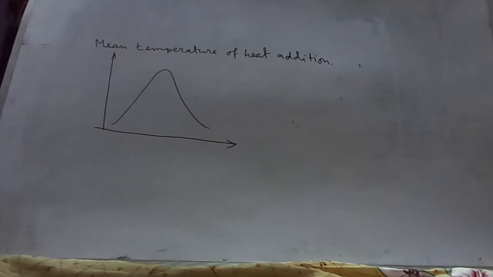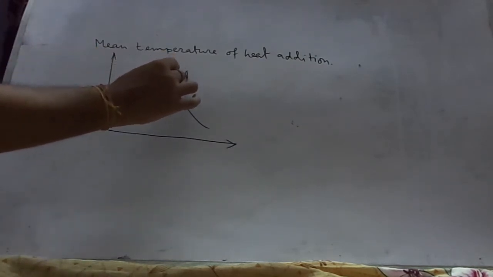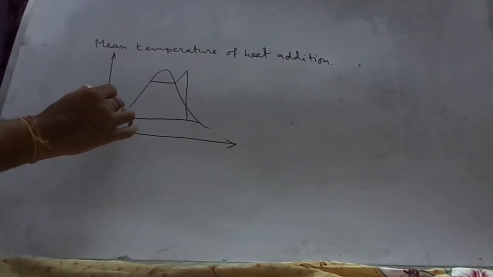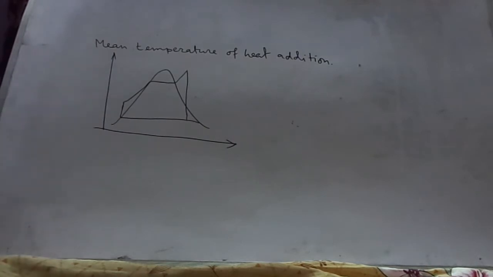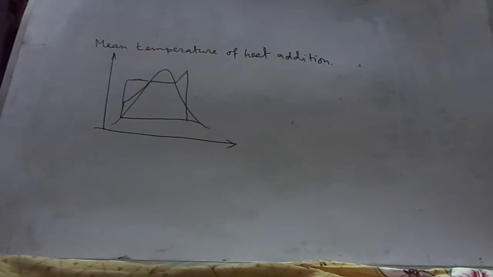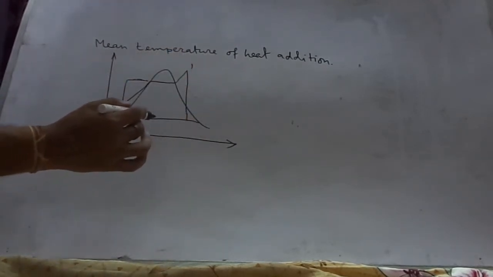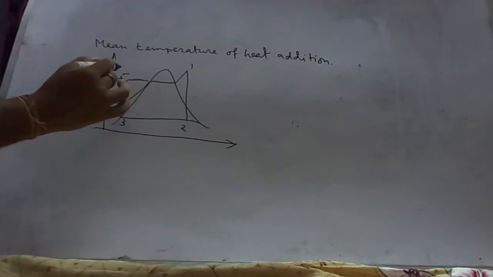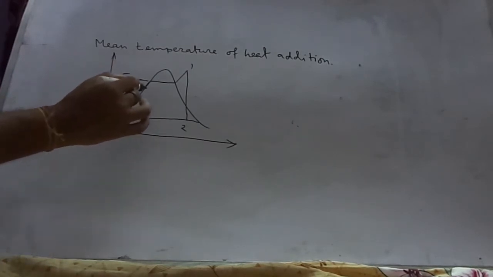Okay, 1, 2, 3, 4. Numbering 1, 2, 3, 4, 5, and this one is the 6.